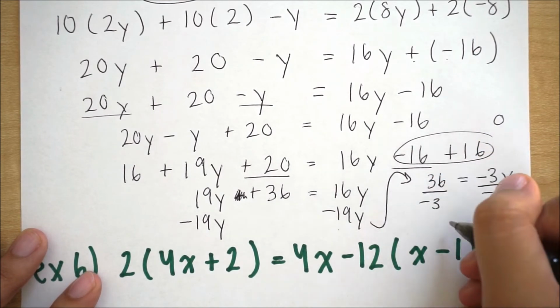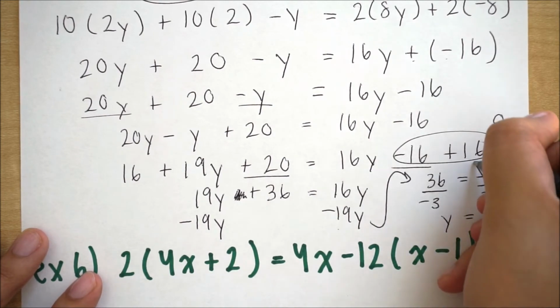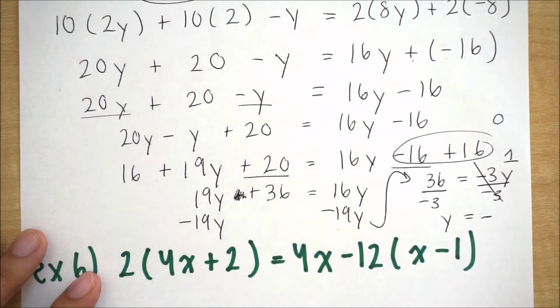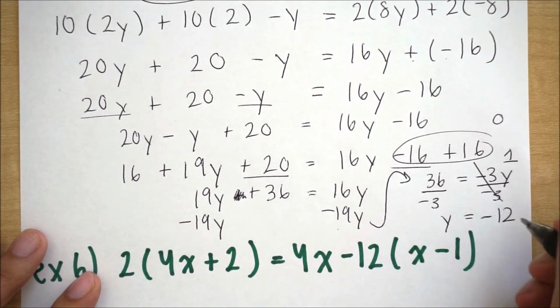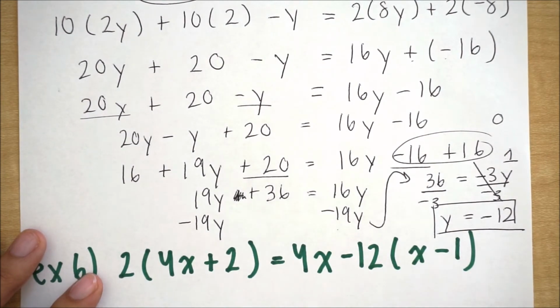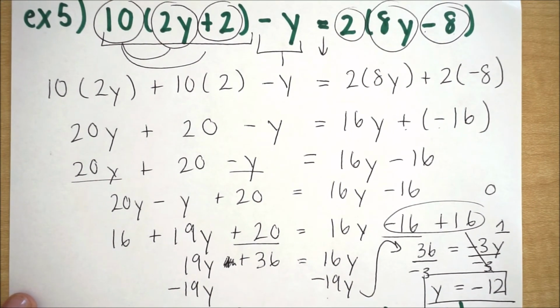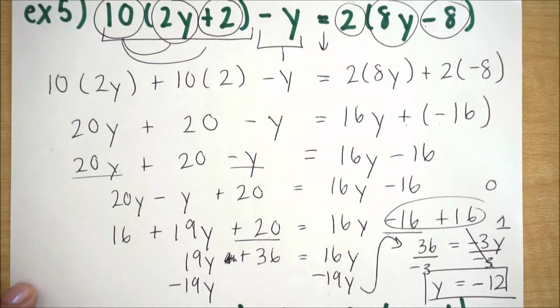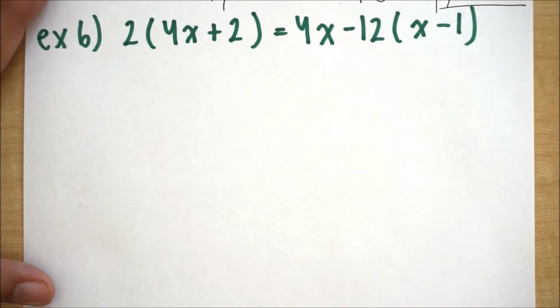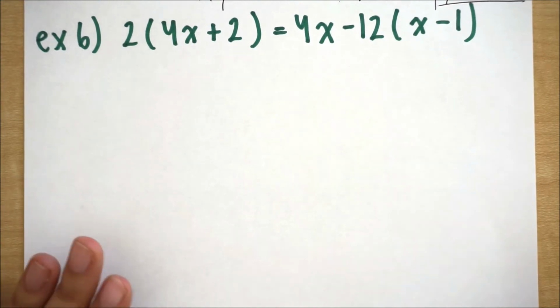So we get y is equal to a negative number, which is negative 12. So we go ahead and box our answer, and we can plug it back in to check. Important to note that negative 3 divided by negative 3 is 1, and that's why we're dividing by negative 3. We want to make the number in front of the variable 1.